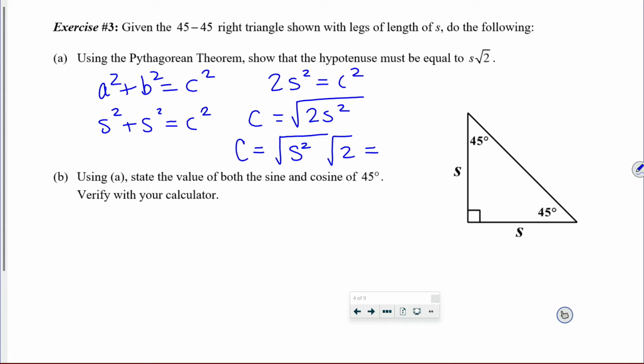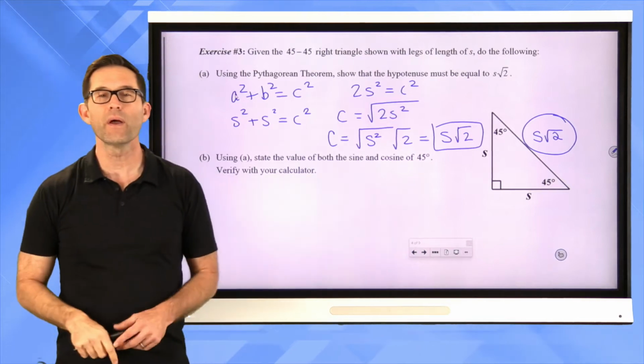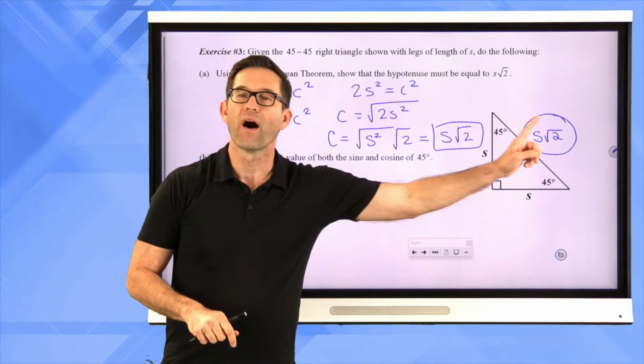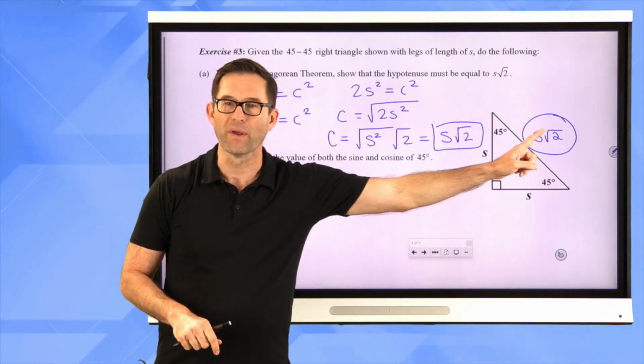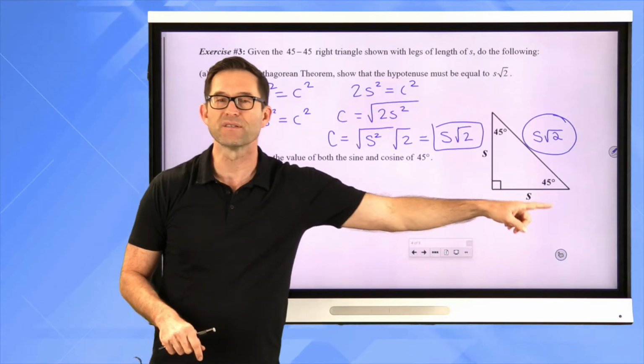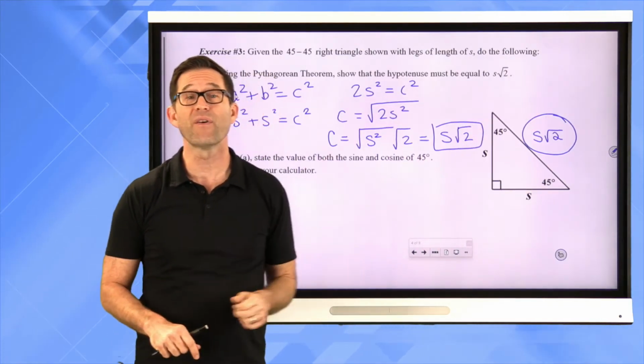And the square root of s squared will simply be s, and the square root of 2 we will leave alone. And there we go. In every situation where we have an isosceles right triangle, the hypotenuse is always going to be equal to the square root of 2 times the side lengths. Or if you like, the side lengths are always going to be the hypotenuse divided by the square root of 2.